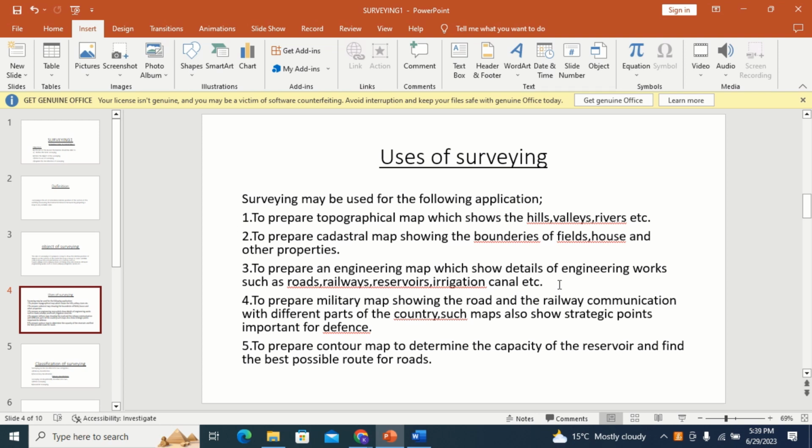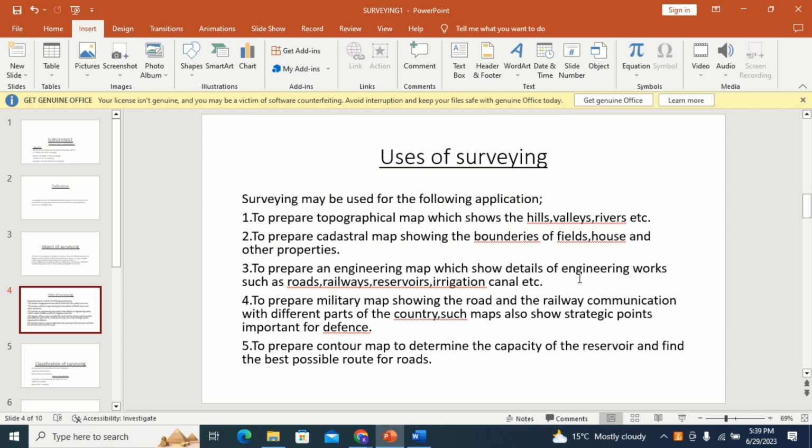Under the uses of surveying, one is to prepare the topographical map, which shows the hills, valleys, and rivers. I think that point is self-explanatory.